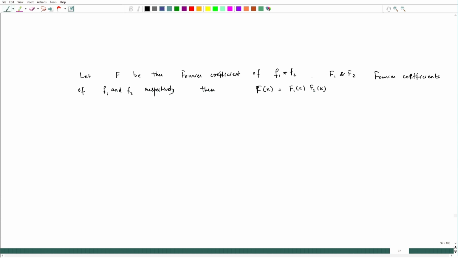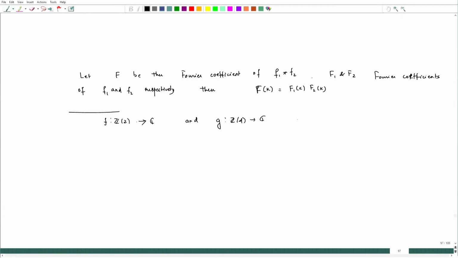So, now let us suppose I have a function, for example, f from Z 2 to C, and g from Z 4 to C. Then what is going to be the relationship between the Fourier coefficient of g vis-a-vis f?